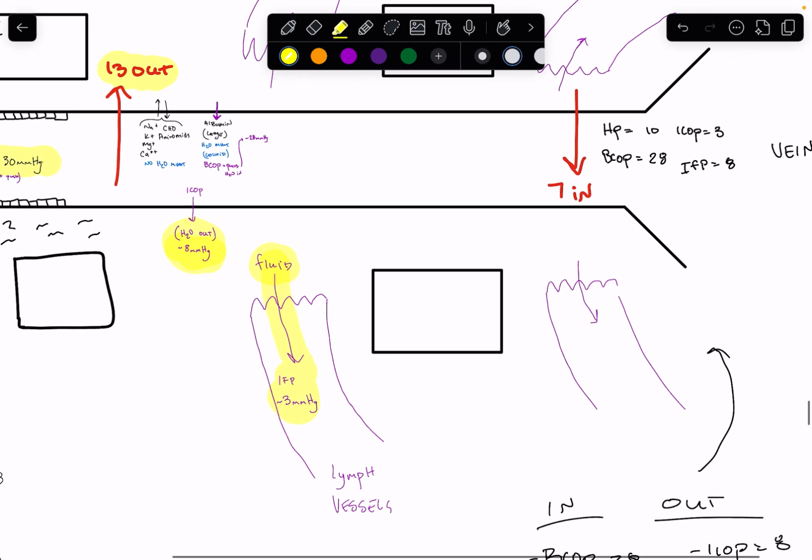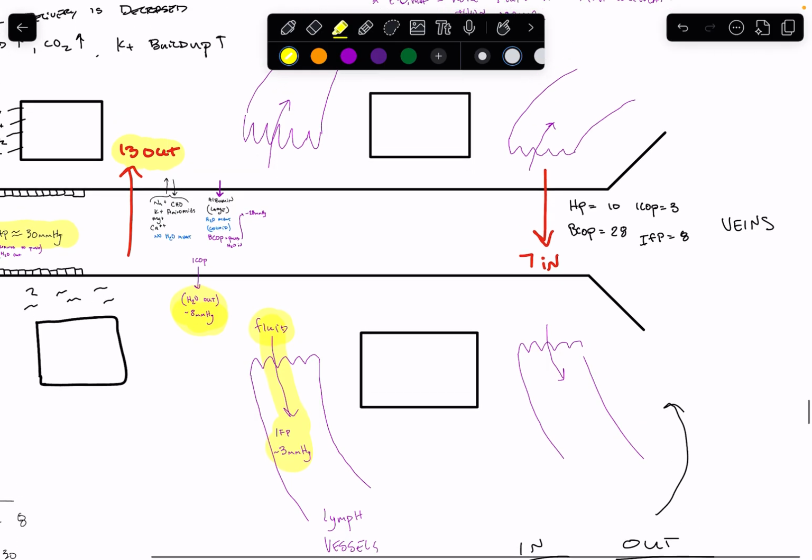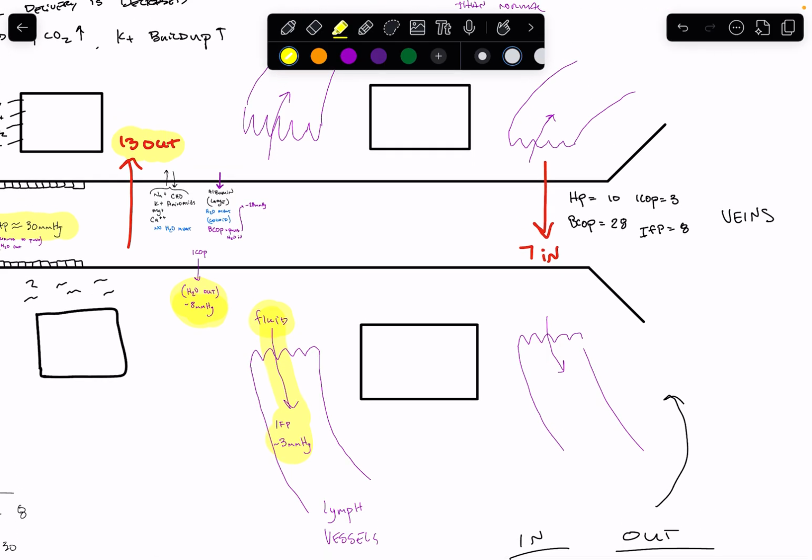Now here what we have is our lymph vessels. And the lymph vessel's job is to return any excess water that is outside in the extracellular fluid and bring it back up so that you can get all of the venous return that you need, because unfortunately blood return through the vessels is not perfect, and so there's always going to be a little bit of blood and fluid and things left behind.